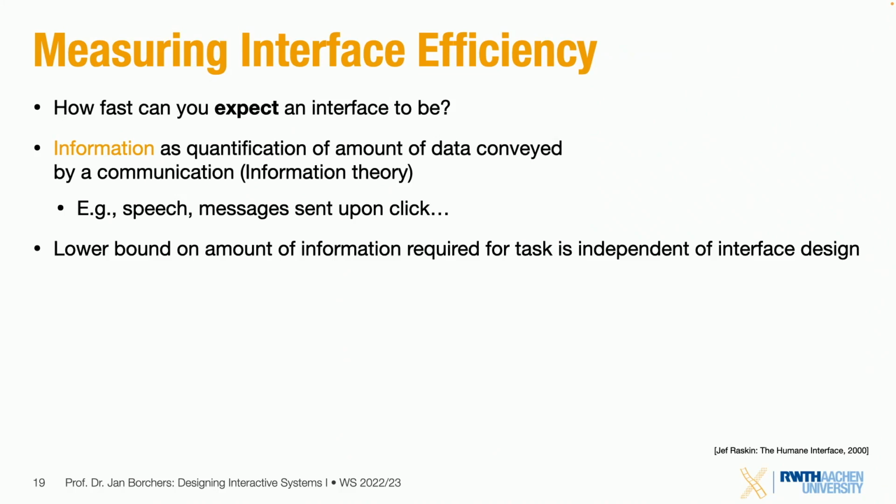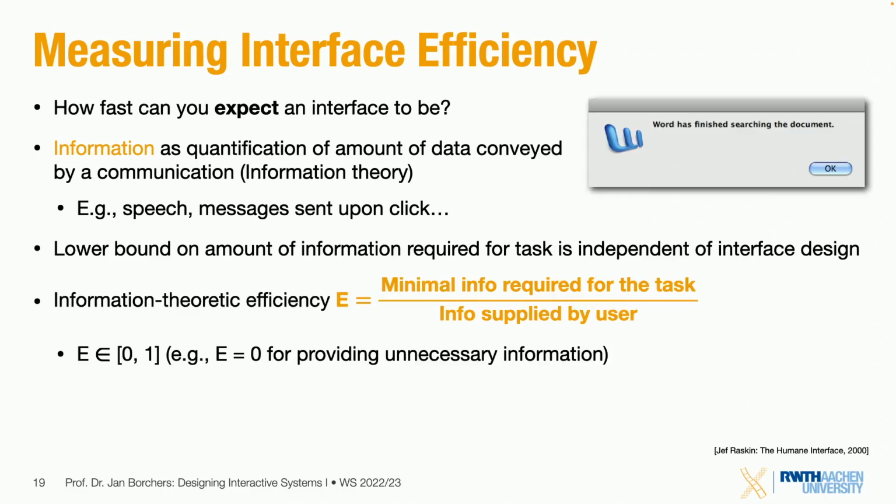And if I have this number, then I can talk about efficiency of an interface, because this ideal number of the minimal amount of information required for the task, let's say it's, I don't know, 10 bits, divided by how much information the user is actually supplying in a concrete interface, let's say 20 bits, then gives me the efficiency of the interface from an information theoretic point of view, in this case 50%.